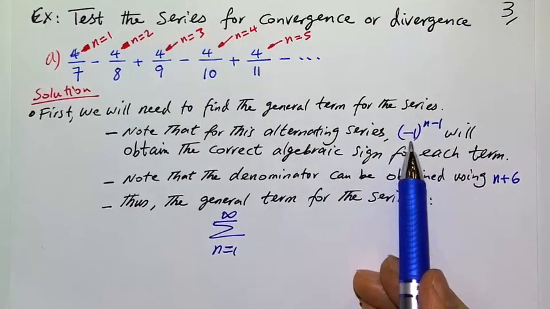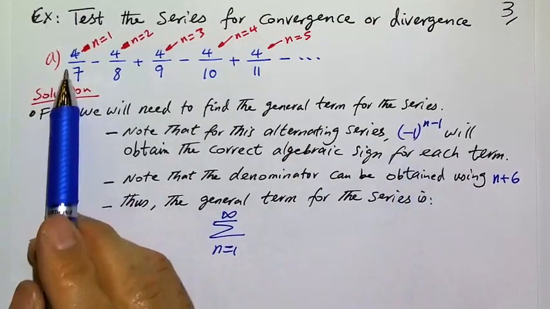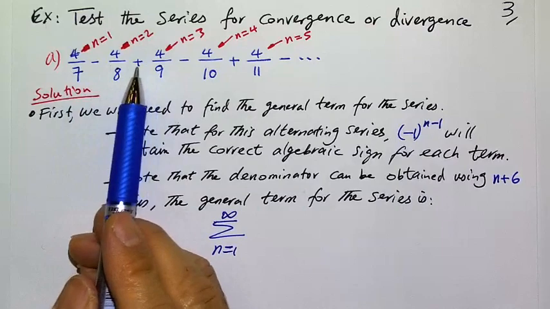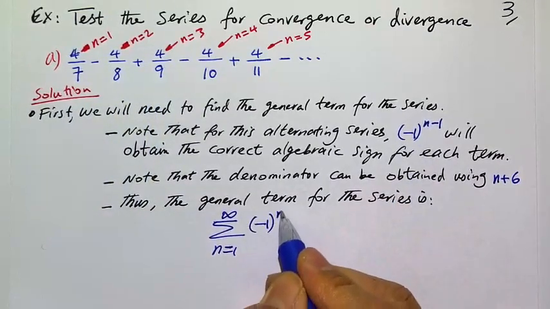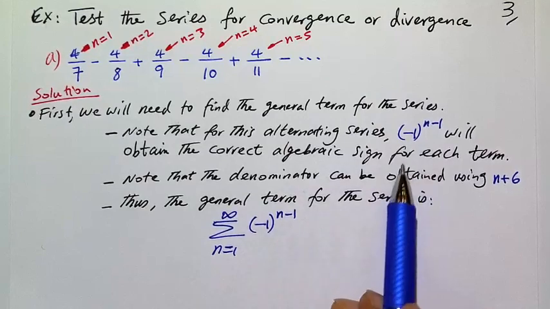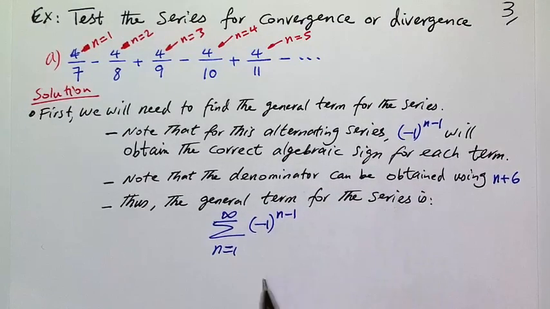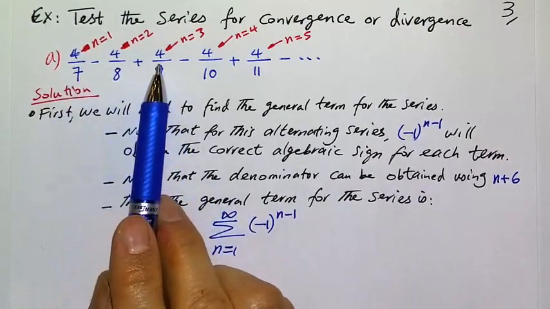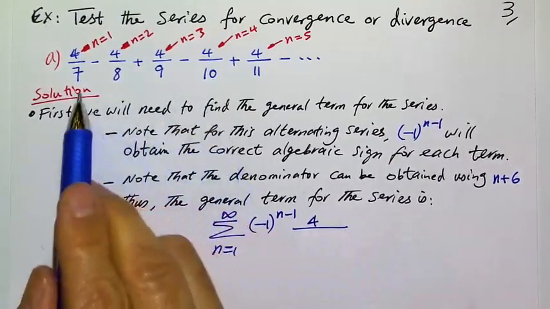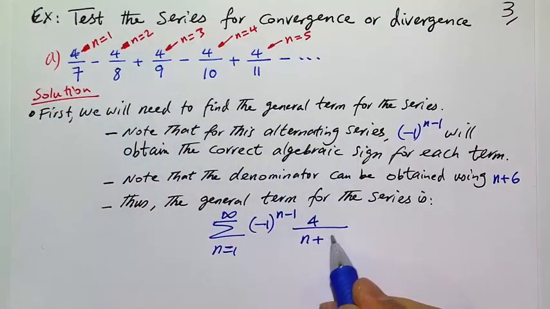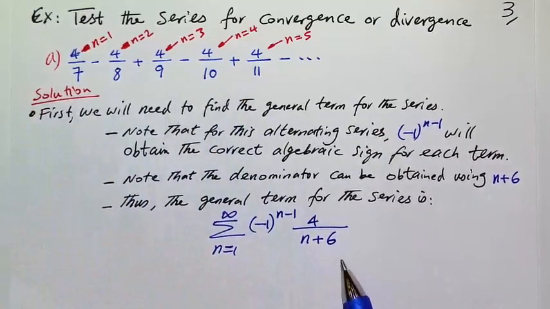We said that we can model the correct algebraic sign for each term with (-1)^(n-1), and then our bn's are going to be 4 divided by n plus 6. So this is the general term for the series we have.